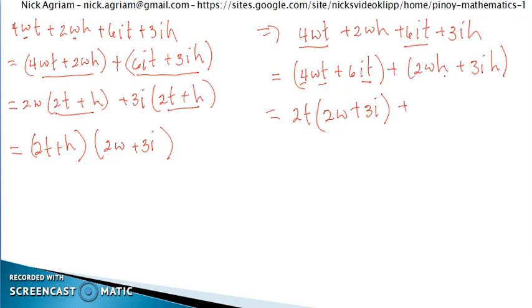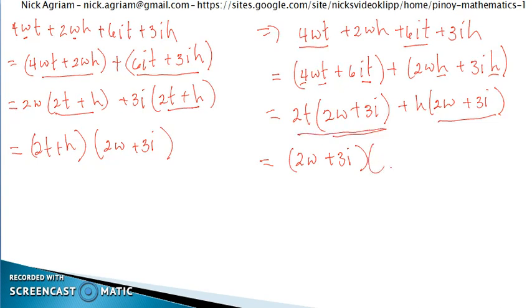The common factor between the other two terms is only H, and I have 2W plus 3I. As you can see, the terms in the parentheses are the same. So 2W plus 3I is the common factor, and what is left is 2T plus H. Then you get the same answer.